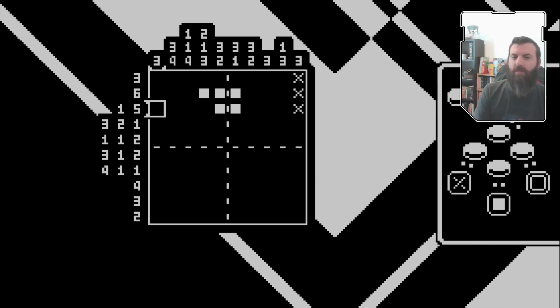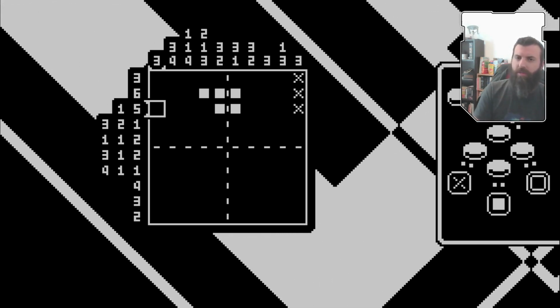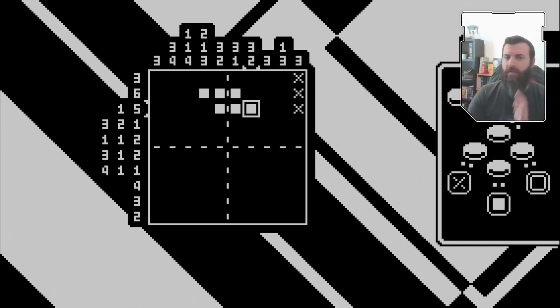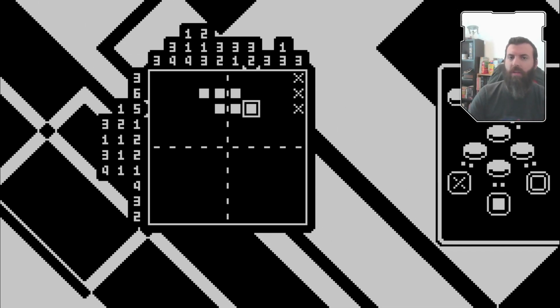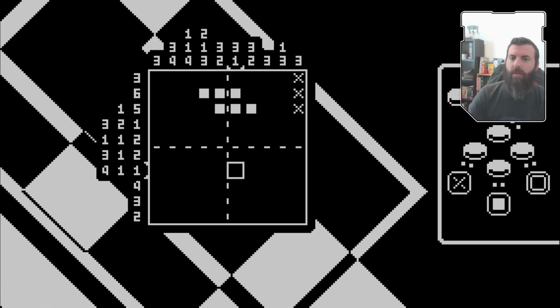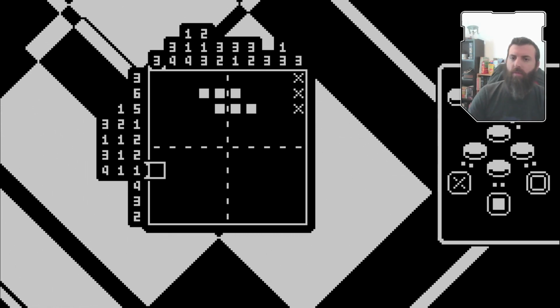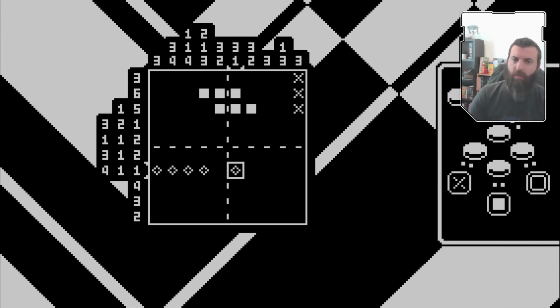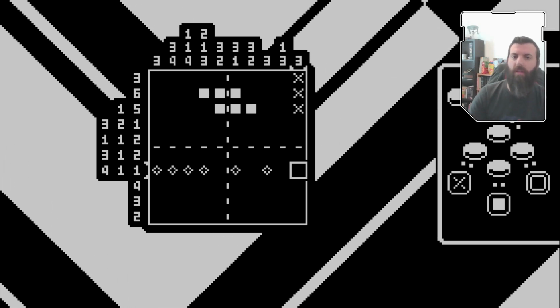So let's look back at this row. 1 space 1 2 4 5. This pixel has to be in for that 5. Look at this 4 1 1. If we had 1 2 3 4 space 1 space 1, that leaves 2 pixels.